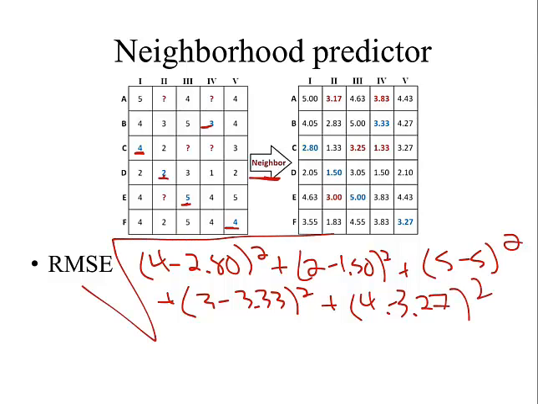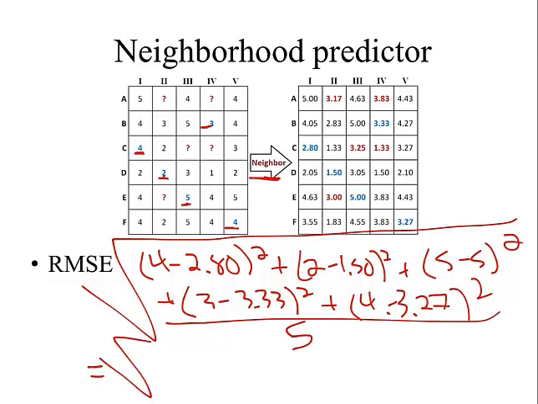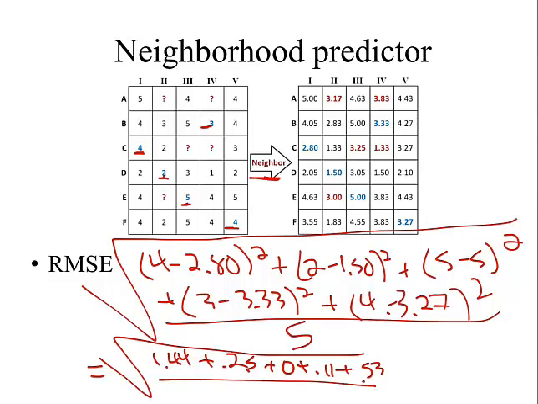And we take the square root of that and we divide it by 5, which is the number of elements. And we get the square root of 1.44 plus 0.25 plus 0 plus 0.11 plus 0.53 divided by 5, which is equal to 0.6826.